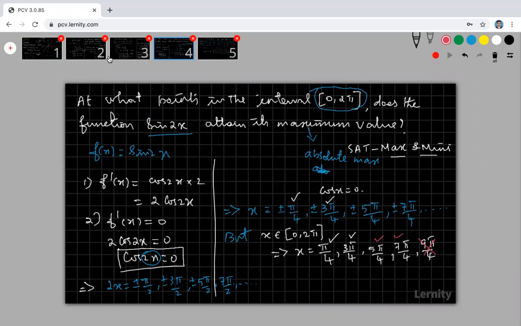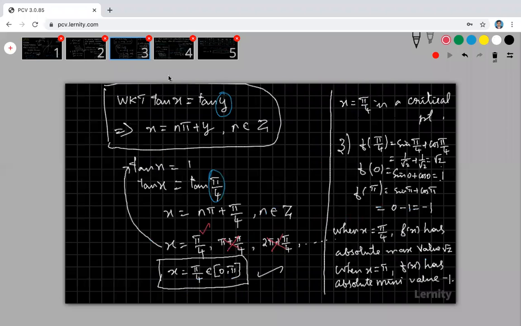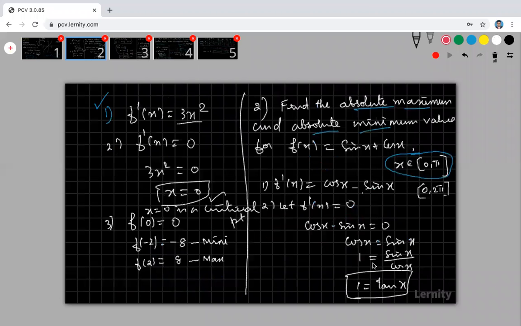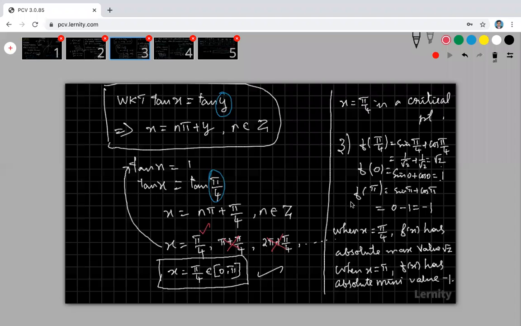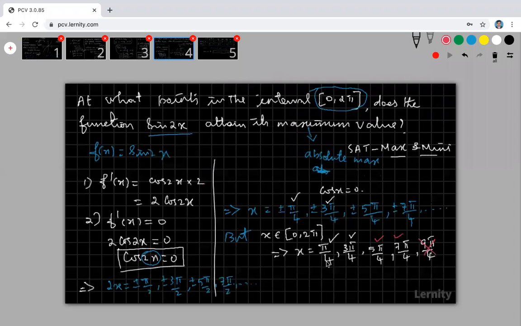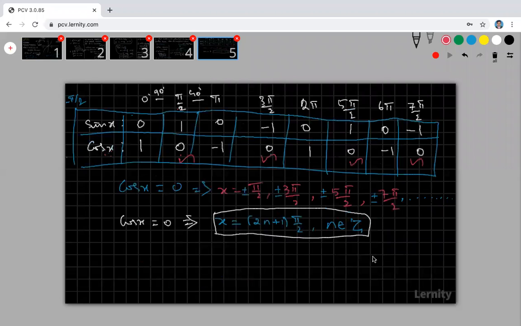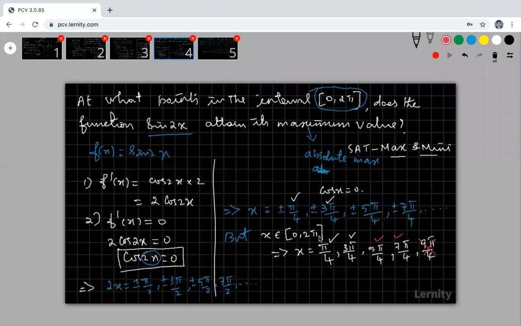Please, dear students, please listen. In this problem, only one value belongs to the given interval. But here, look at that, I have 4 values. Pi by 4 belongs to this, 3 pi by 4 belongs to this, 5 pi by 4 belongs to this, 7 pi by 4 belongs to this. This is actually 405 degrees, and 2 pi means 360 degrees only, so this does not belong to this interval.